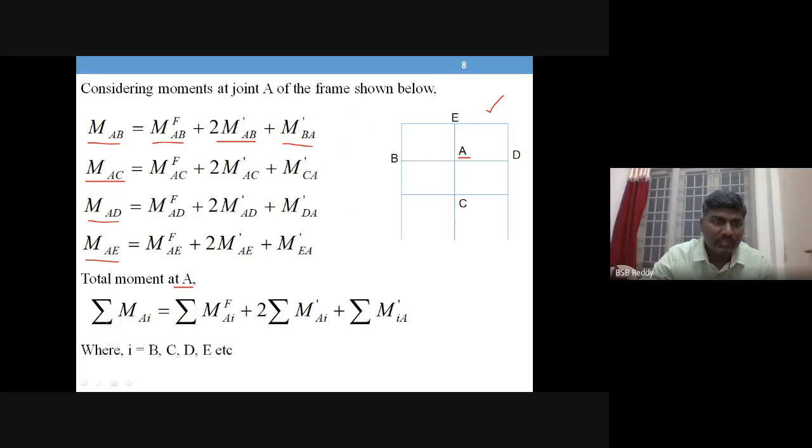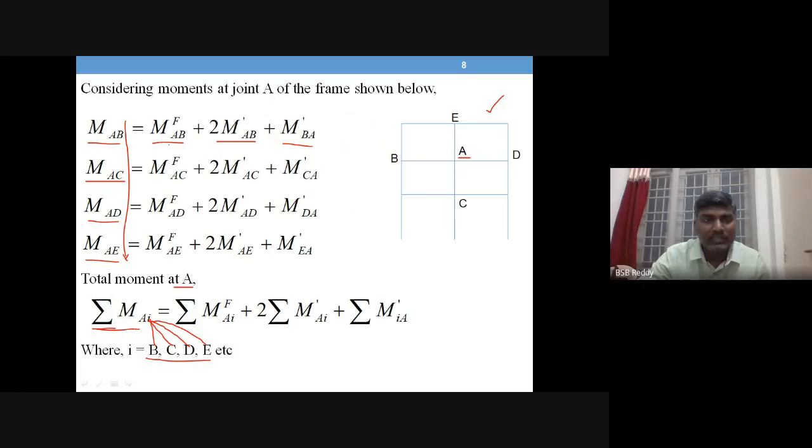We are replacing that by a sigma symbol, MAI, where I is B, C, D, E. If you expand this, substitute I equal to B first, then C, likewise D, then E. What you get is AB plus AC plus AD plus AE. So all these four values are combined in this single term.